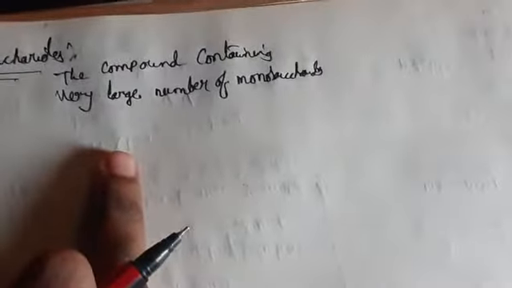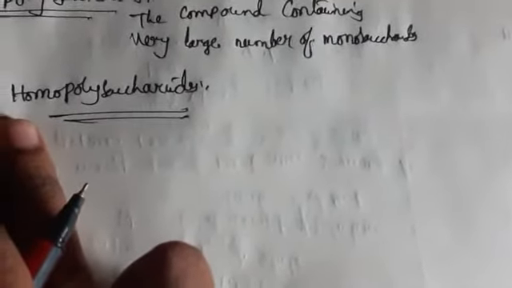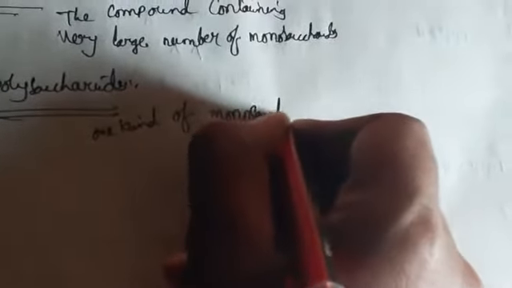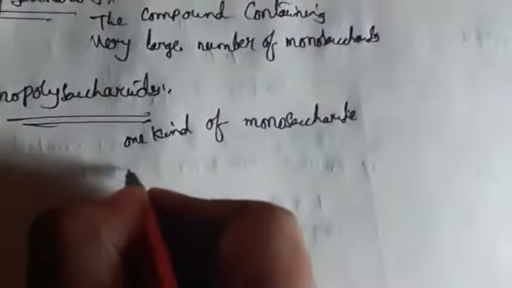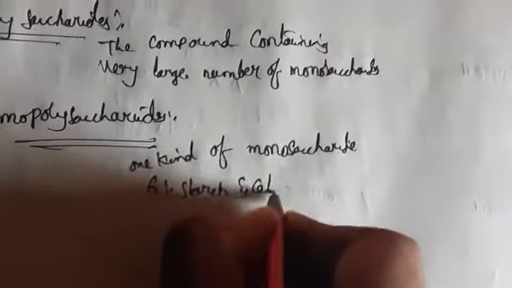Polysaccharides generally consist of 2 types: homopolysaccharides and heteropolysaccharides. Homo, as the name itself suggests, gives only one kind of compound. The polysaccharides which give only one kind of monosaccharide are called homopolysaccharides. Examples are starch and cellulose.